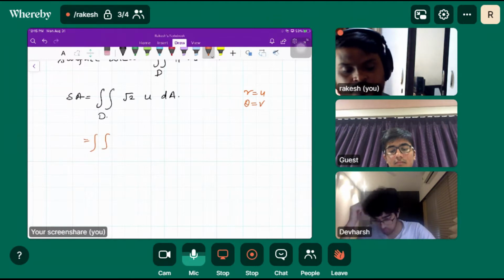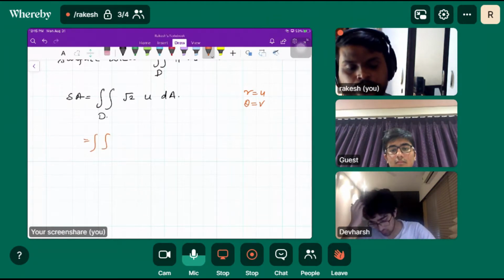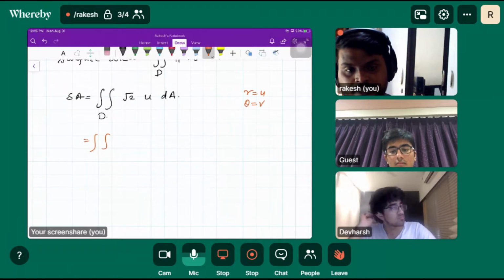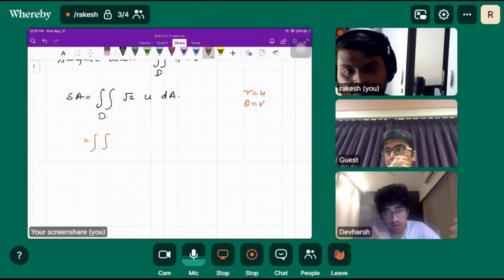We can set up a double integration here. We always convert dA into polar form. So instead of writing r dr d theta, what should I write? u du dv.